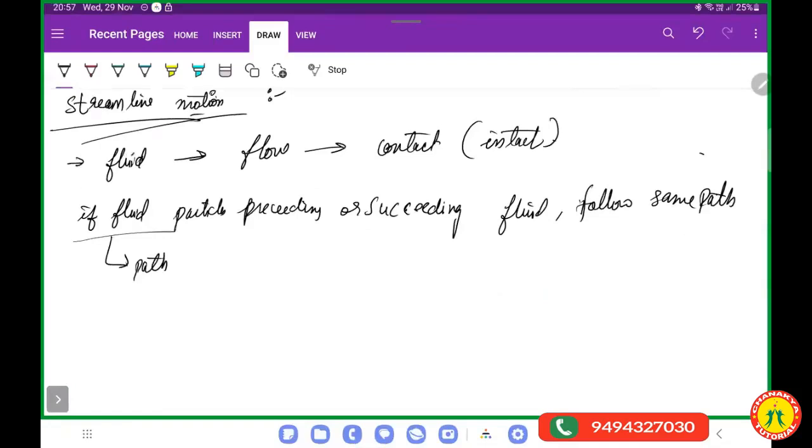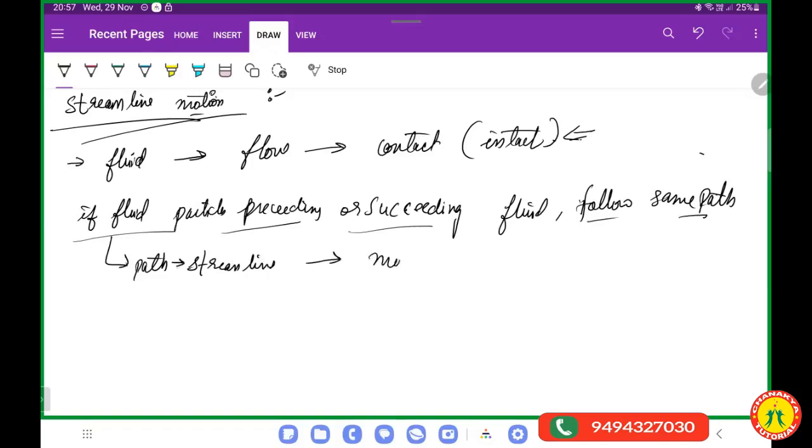So yeah, I got disconnected again. Power cut. So I wrote already. So fluid flow, which is in contact or intact throughout. So that is the streamlined motion. So the motion which is either proceeding or succeeding the fluid particle following the same path, that path is called streamline.